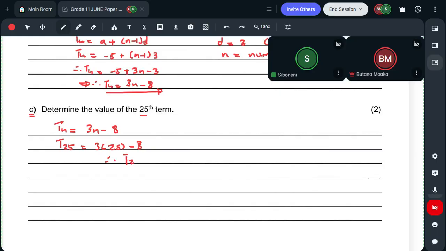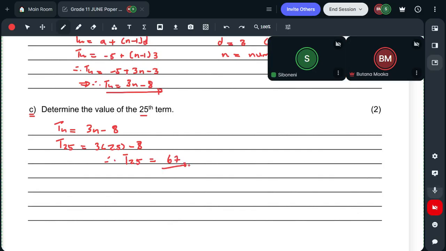You'll find what is your term number 25. What is that when you put it on the calculator? It's 25 times 3 minus 8. 25 times 3, that's 75. You minus 8, that's 67.